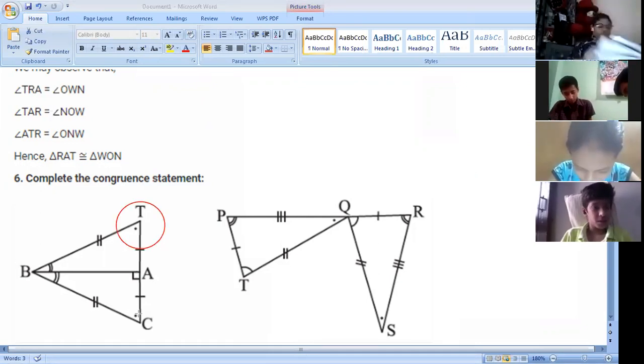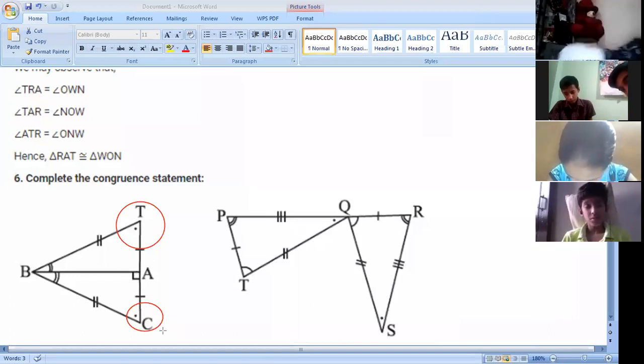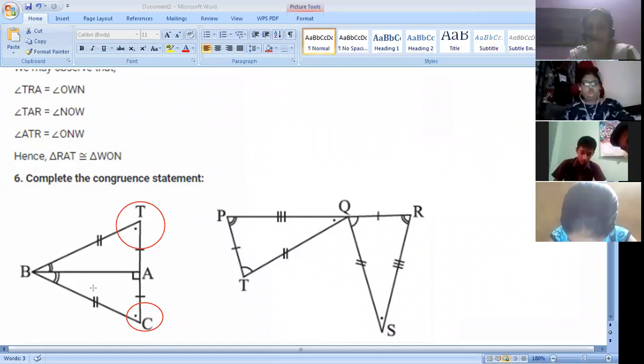BTA is equivalent to BCA. That's correct. Any other? No, ma'am, not any other. Are you sure? No side is equal, no angle is equal?